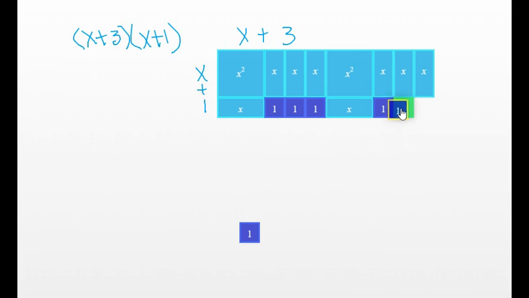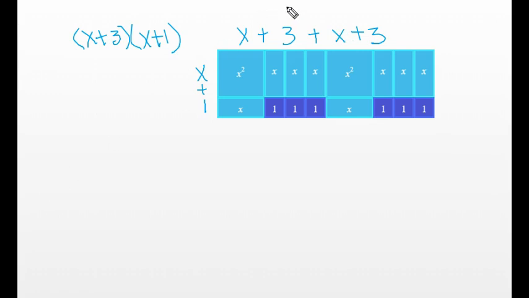So you notice that all we did was take the original rectangle and we duplicated that. And so we added another x plus 3 to the top, and the dimension on the left stayed the same. So it's still x plus 1 by x plus 3. And so now if we look at the top, what we have are 2 x's plus 6.